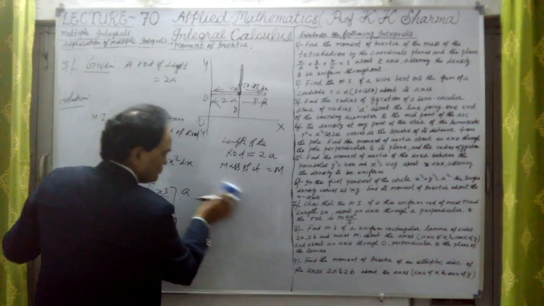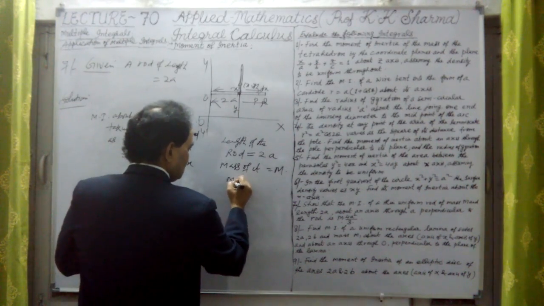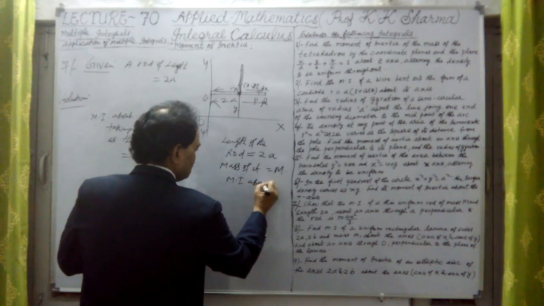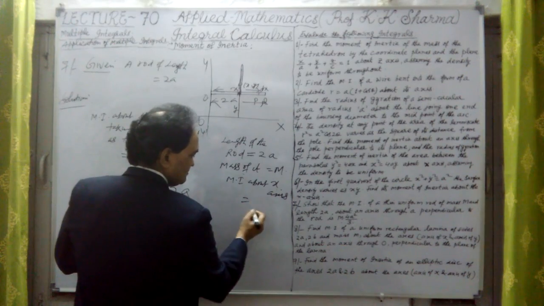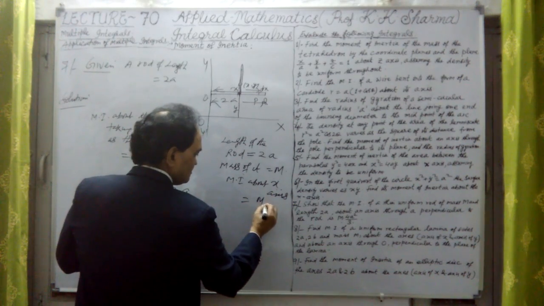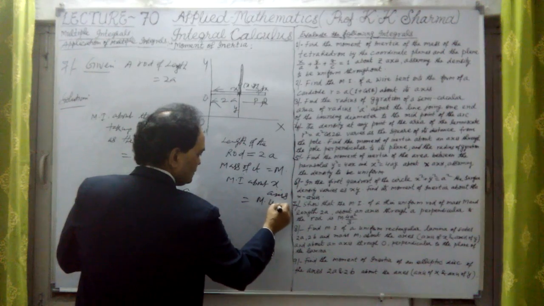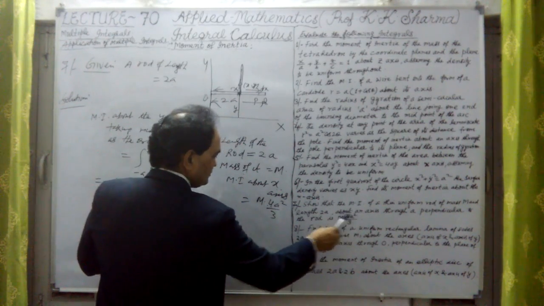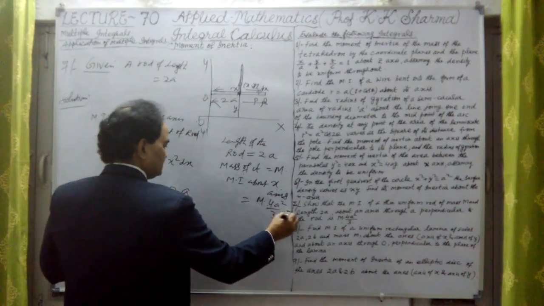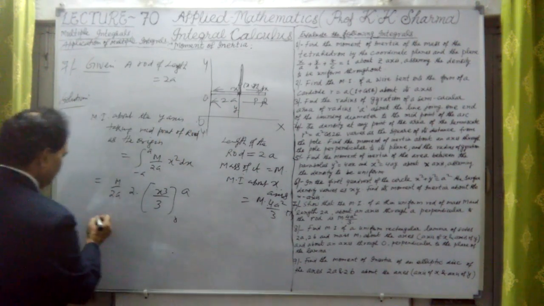First, MI about the x-axis, which we have already calculated, which is m into 4a square upon 3. This is proved, m 4a square upon 3. This was first equation. Of second we are calculating.